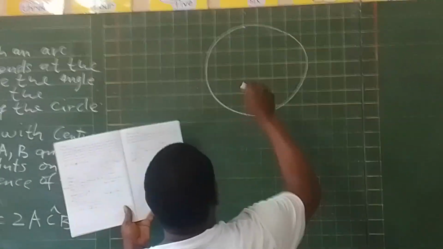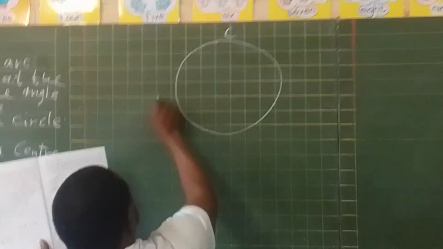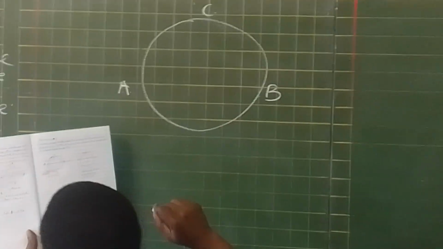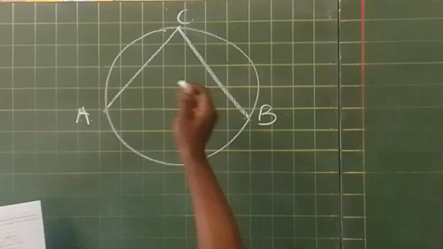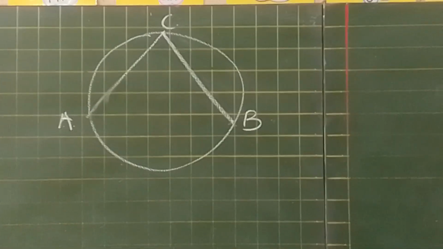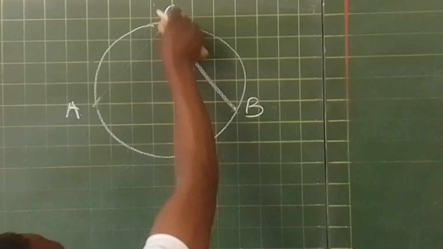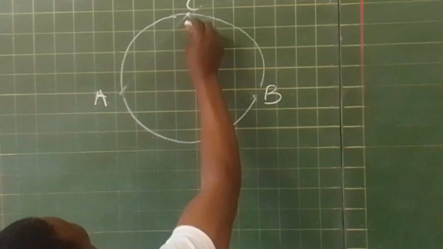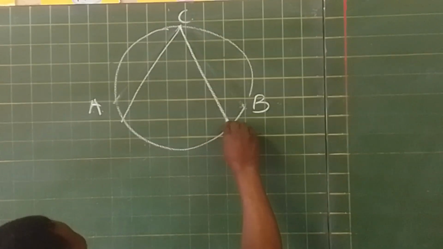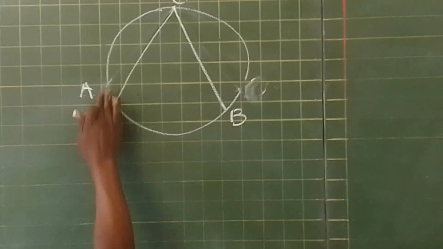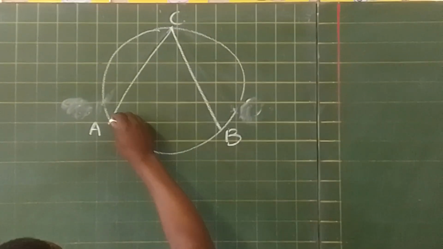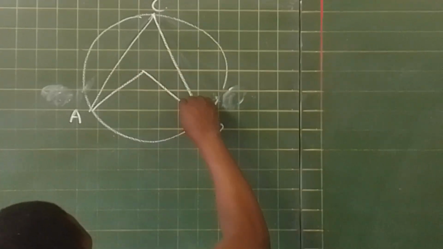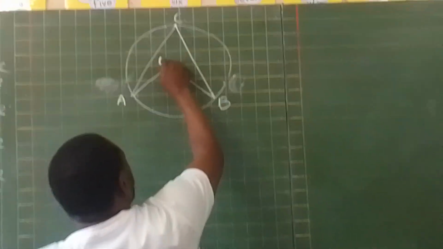There is your circle with point C here, point A here, point B here, and center O. This is what you are given.